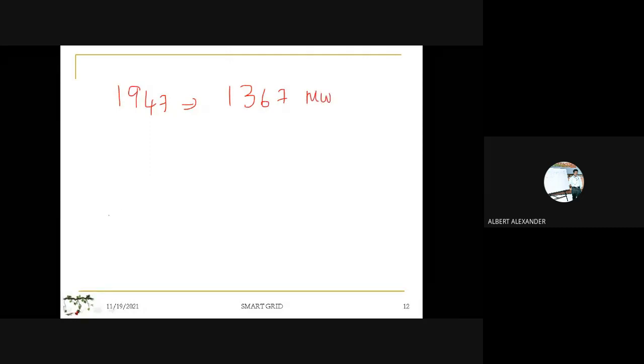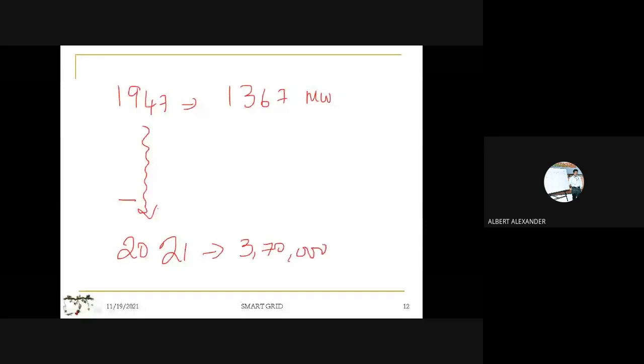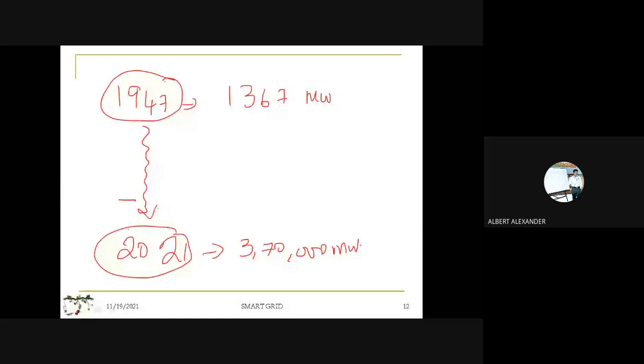Now we have crossed more than 75 years, and we are reaching 2021. About 3 lakh 70,000 megawatts is available now. So we can understand that between 1947 and 2021, it took nearly 77 or 78 years, between independence and this 2021.